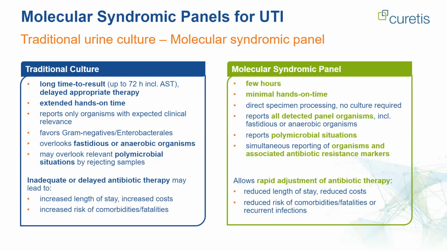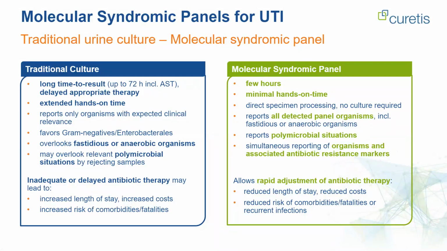The next slide shows us a comparison between the traditional culture and the molecular panel. Traditional culture has a long time to result, allowing therapy adjustment only after several days. Once results become available, it may not detect or may overlook fastidious or anaerobic organisms or polymicrobial situations.